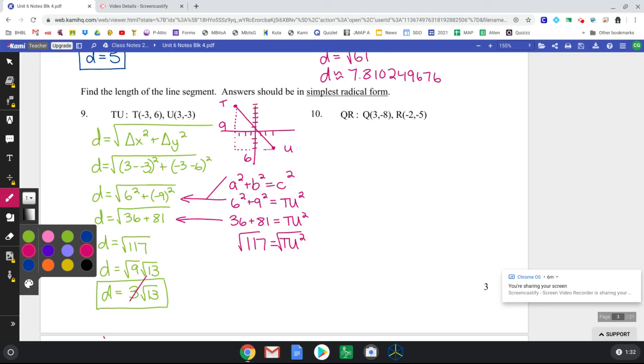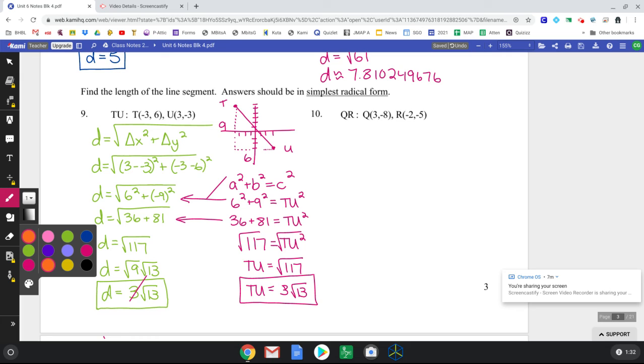Take the square root of both sides, and my answer, TU, is the square root of 117, which we've just simplified into 3 radical 13. So same answer. It's really going to be up to you which method you'd like to choose.